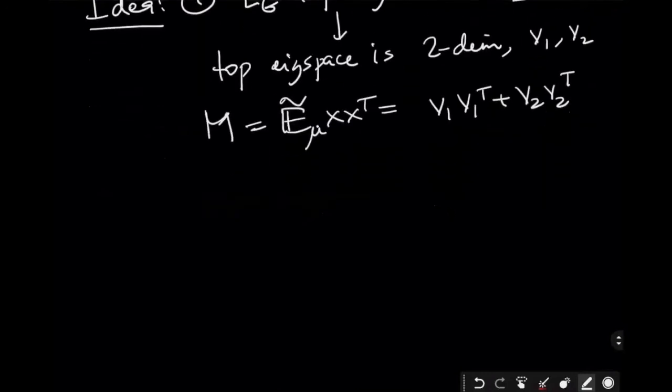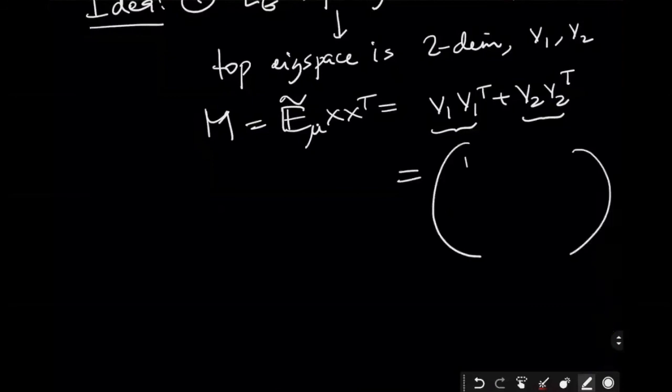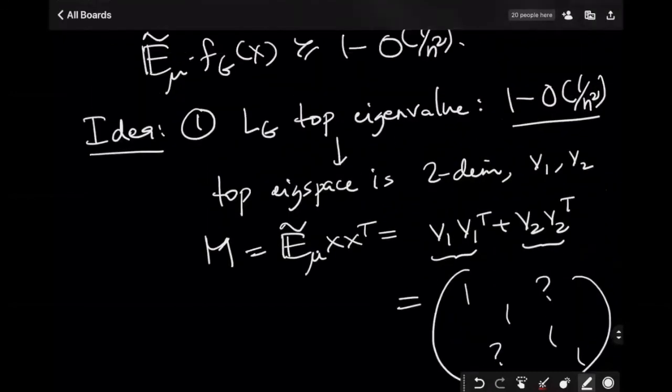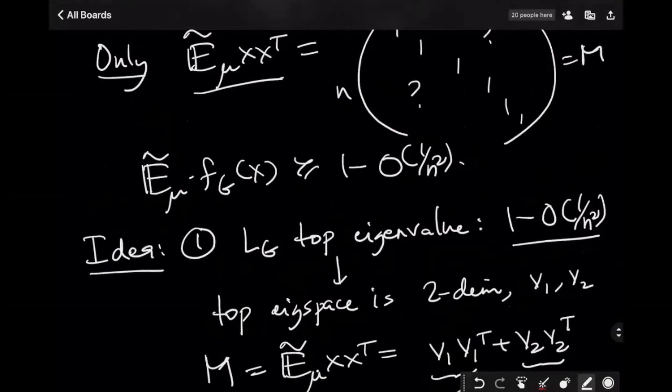It turns out that because of the structure of the eigenvectors, even though the individual diagonal entries of V1 V1 transpose are not 1, because V1 and V2 are not Boolean, the sum of their diagonal entries is actually 1. So in fact, this matrix does look like 1, 1, 1, 1, 1 on the diagonal, and something, something elsewhere. And the point is that both these vectors are in the top eigenspace of L sub G. So they do take large values, values 1 minus O of 1 over n square.